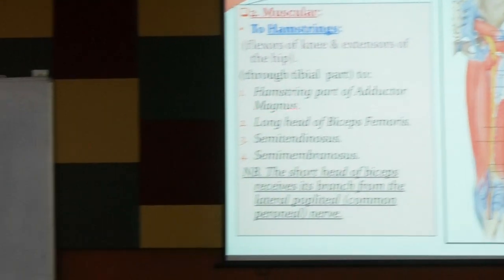part of adductor magnus. When you dissect in the adductor canal, the adductor muscles will be there and you will locate the adductor magnus, long head of biceps femoris, semitendinosus, semimembranosus. So, if you are forgetting the nerve supply of these individual muscles, at least write sciatic nerve.